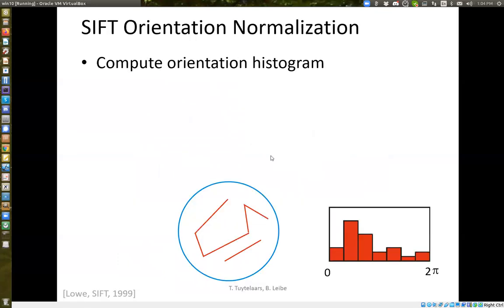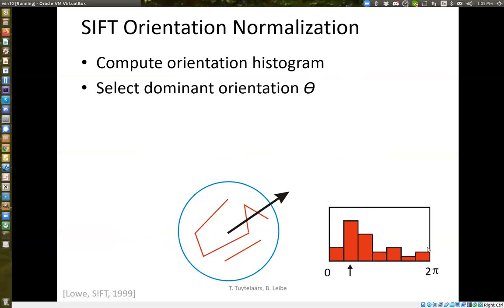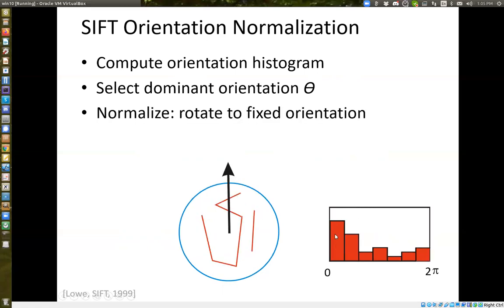To make sure it is rotation invariant, a trick is that we can shift the histogram so that we always start with the largest value. The peak of the histogram is shifted to the beginning.